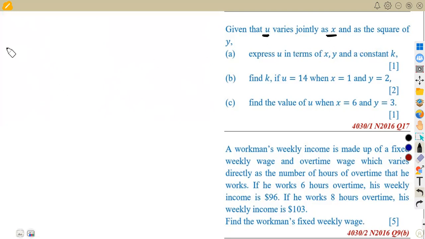So how are we going to connect these in a direct manner? It means our u varies as x, and at the same time the square of y. So the square of y, that means y to the exponent of 2, y to the power of 2. We are just connecting them direct like that.